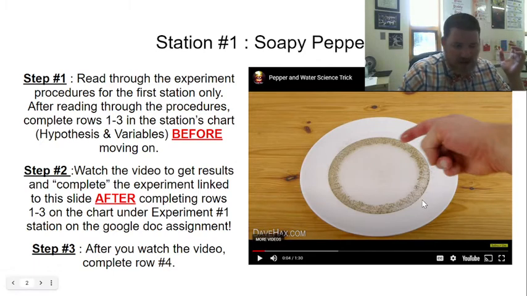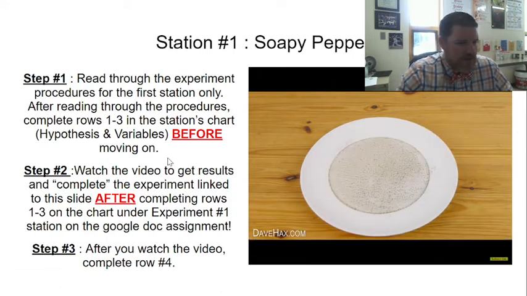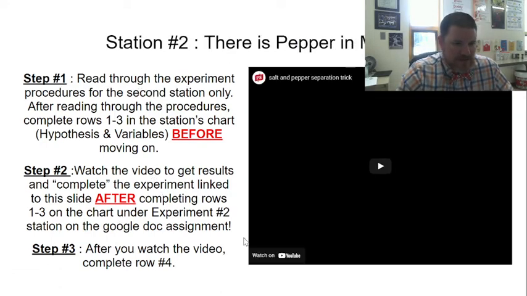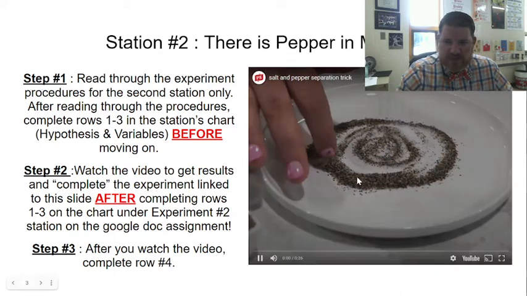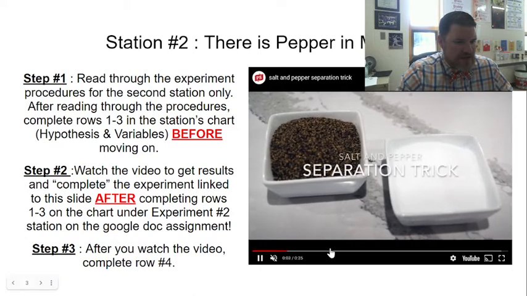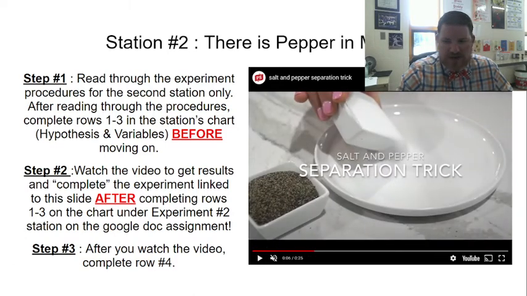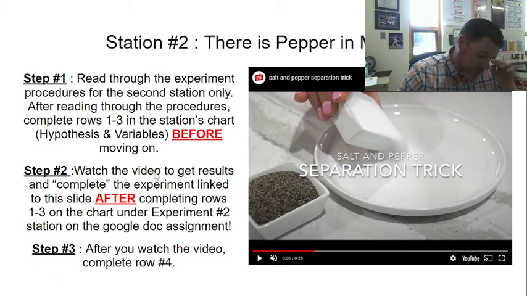Here's the second one for our second part of our experiment. It introduces everything going on there. I'm not going to play the whole thing just so that you can see kind of what happens. So that's for experiment number 2.